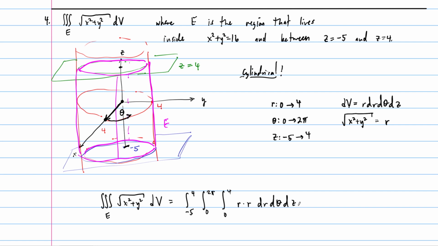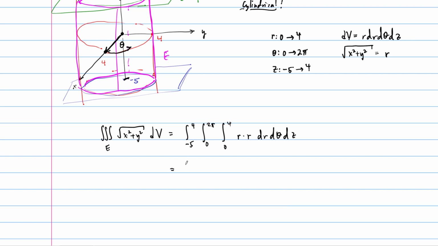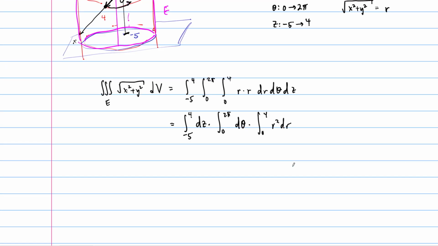And this one is absolutely separable, right? And so let's see what we have here. This is going to be the integral from -5 to 4 dz times the integral from 0 to 2 pi d theta times the integral from 0 to 4 of r squared dr. This one's going to be a breeze, right?